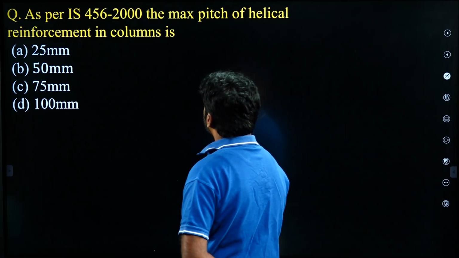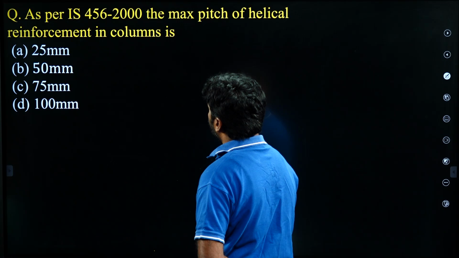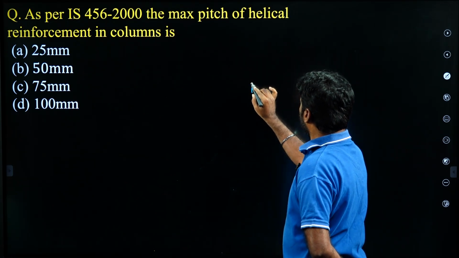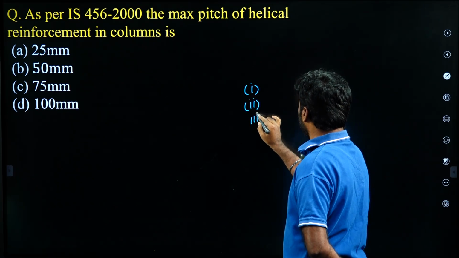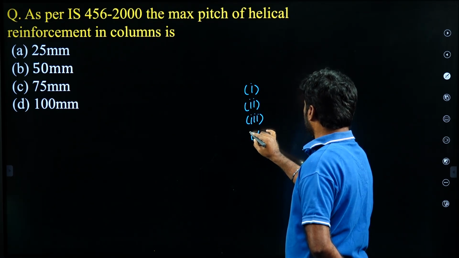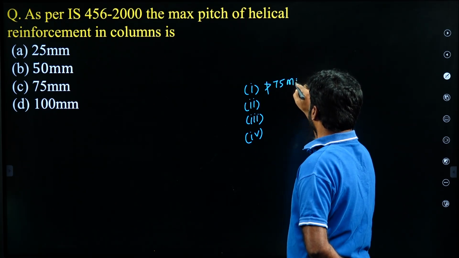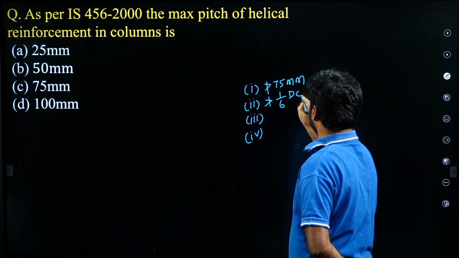As per IS 456-2000, the maximum pitch of helical reinforcement in columns. My dear, for helical reinforcement, what will be the pitch? It should not be more than 75 mm, and not more than 1/6 of core diameter.